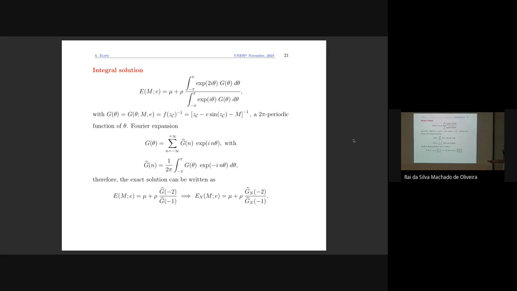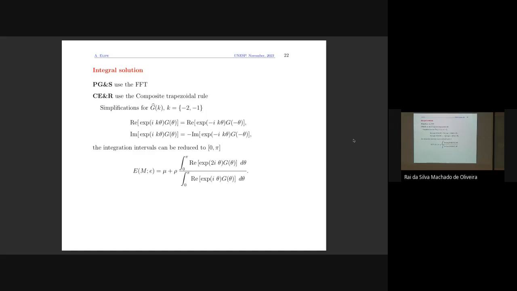So this will be the exact solution and this will be the numerical solution, because we have to approximate these Fourier coefficients numerically. The n means numerical. If there is no script, it is the exact solution, and this is our approximation, the numerical.